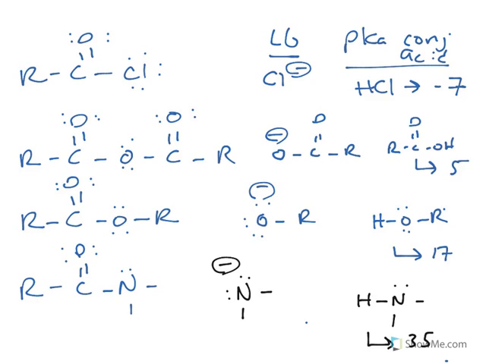So we can see that that is a considerably weak acid. Thus, it's going to have a very strong base as its conjugate base. So that is a terrible leaving group, all right? So of these four, the worst leaving group is on the amide. So this guy is going to be the least reactive, whereas the acid chloride is going to be the most reactive.